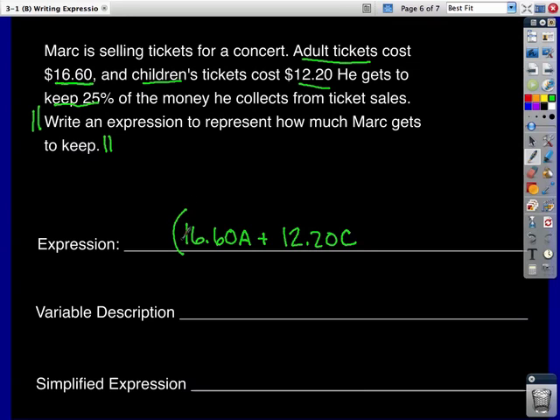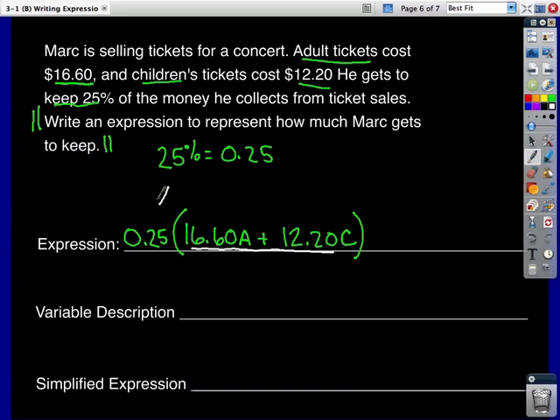So what I'm going to do is multiply this by 25%. And remember, 25% means 25 hundredths. If I multiply this part right here, I'm going to underline it in white. This part of the expression represents the total amount earned in ticket sales.